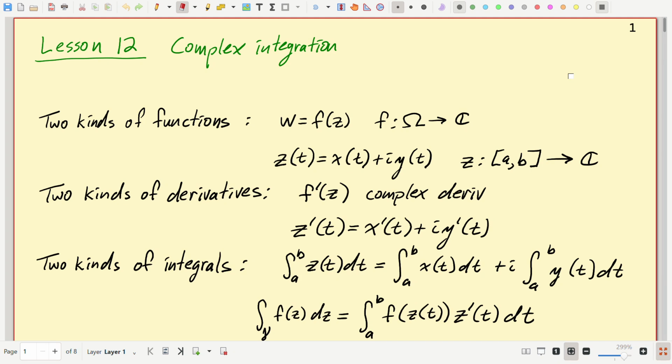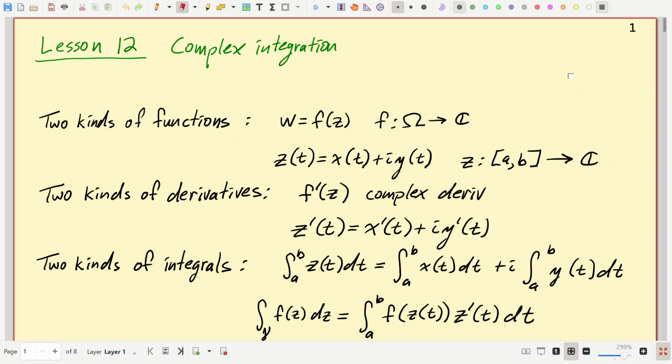And the new one is the derivative z prime of t, which when you write out the difference quotient, you realize, oh, that would just be a derivative of the real part plus i times the derivative of the imaginary part of the function. So that's straightforward. Then we start talking about two kinds of integrals.